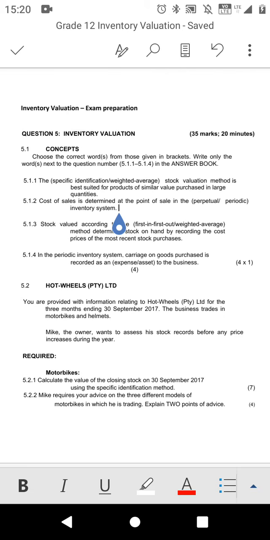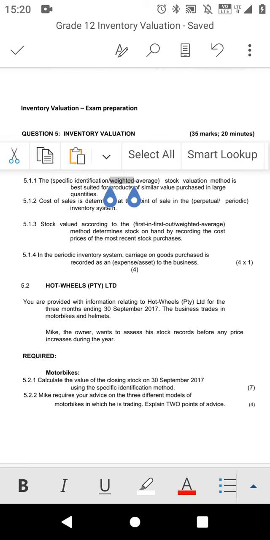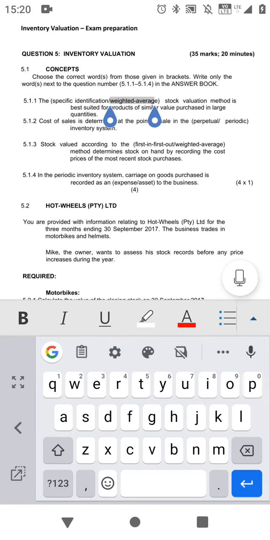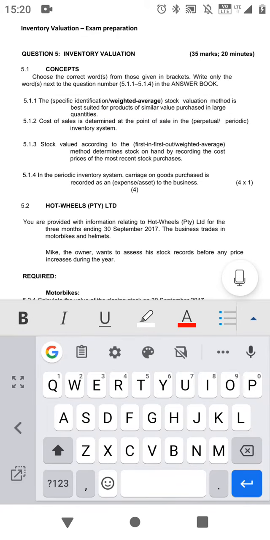Simple as that. So in this question they said the method which is best suitable for products of similar value purchased in larger quantity. Which method is going to be suitable? It will be the weighted average method. Why this method? Because they talk about similar products with similar value. For example, let's say today we stock the Simba with the cost price of 5 rand 20 cent.